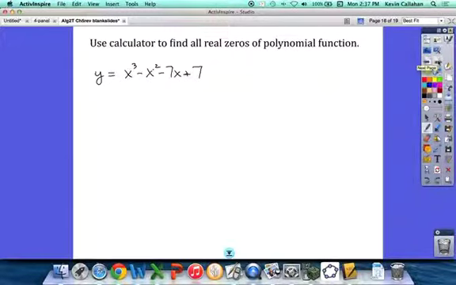Okay, find all the real zeros using a calculator. So remember, when you find the x-intercepts, those are the real zeros, right? The imaginary zeros don't show up on the calculator. So we need to put this in the calculator.